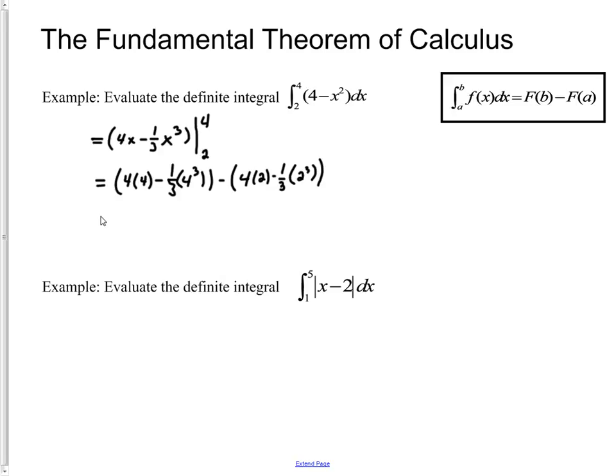All right, so we do a little bit of simplification right here. This is going to be 16 minus 64 thirds. And we're going to take away from that 8 minus 8 thirds.